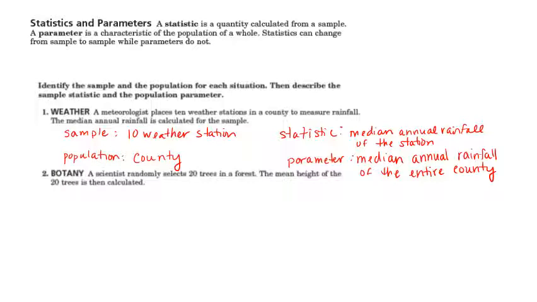A scientist randomly selects 20 trees in the forest. The mean height of the 20 trees is then collected. All right, so we're going to do our sample and our population. The sample is the 20 trees.